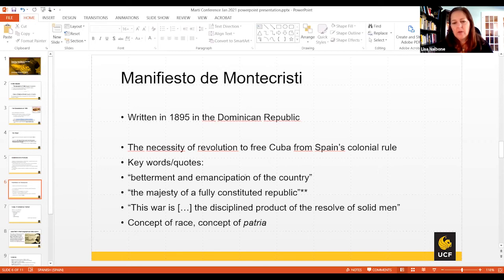So republic, you know, the idea of representation in government, the voice of the people, this resolve of solid men, concept of race, and concept of patria. So students are continuously being asked to think about these ideas as they relate to both areas.